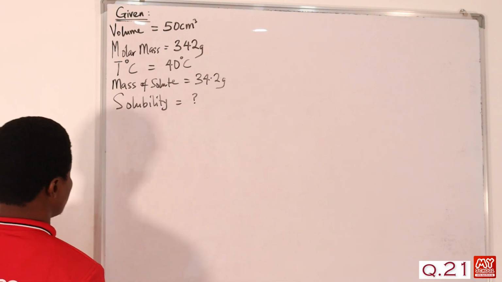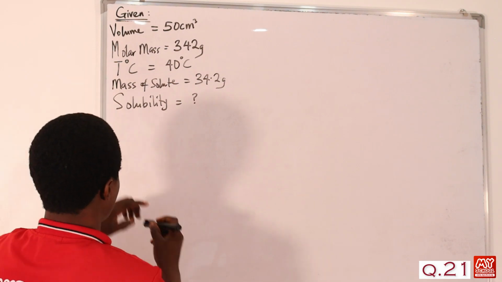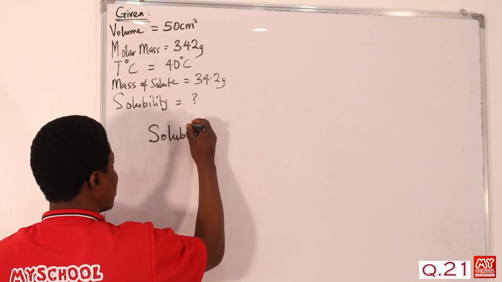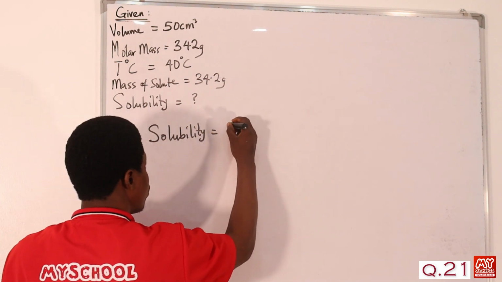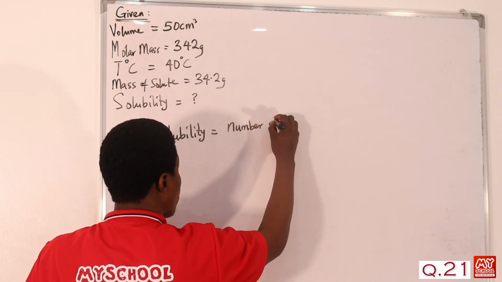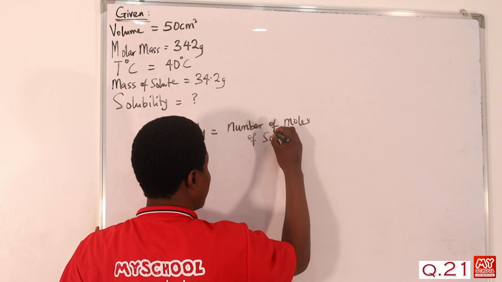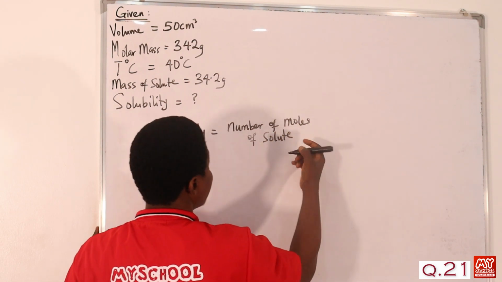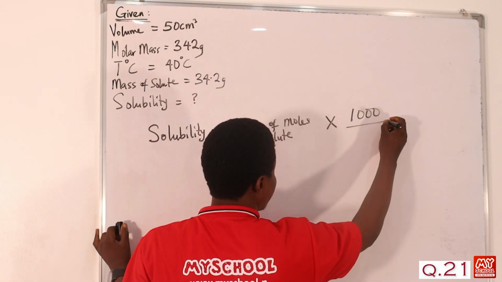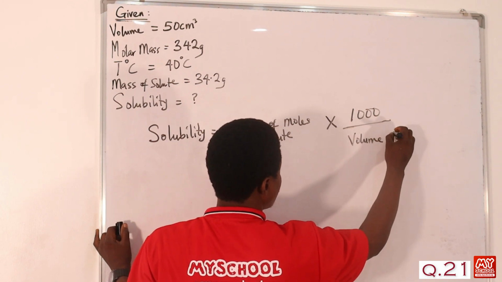So what is the relationship between these? We have volume, we have molar mass, we have mass of solute. The formula for finding solubility is equal to the number of moles of solute, that's your salt or the sugar in this case, multiplied by 1000 divided by the volume of the solvent.